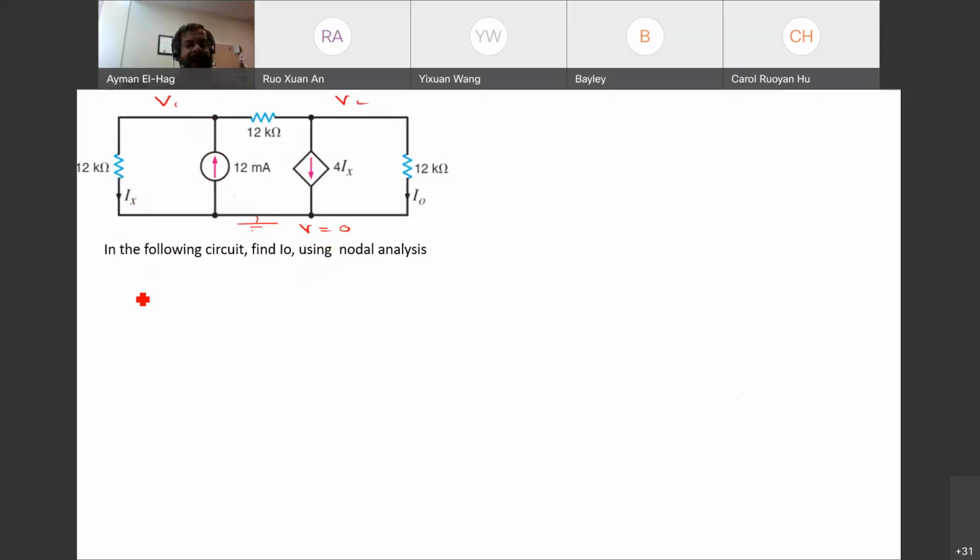And then apply KCL at each node that does not have a voltage source.